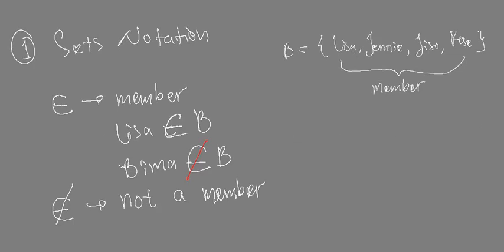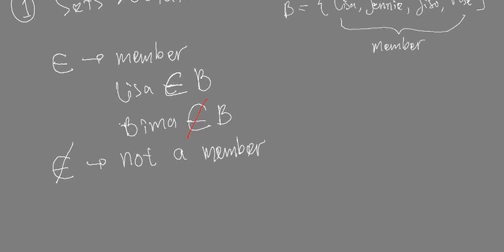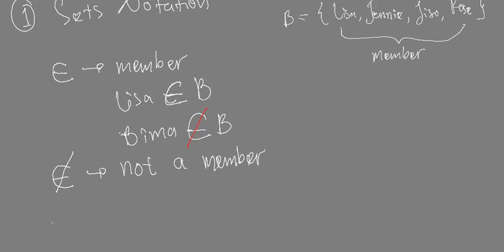Oh, we don't have enough space here, so let's go over here. The number of A means the number of members of A.